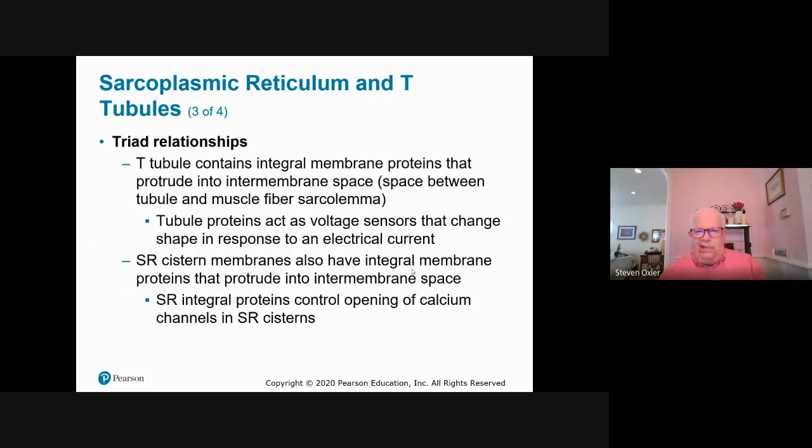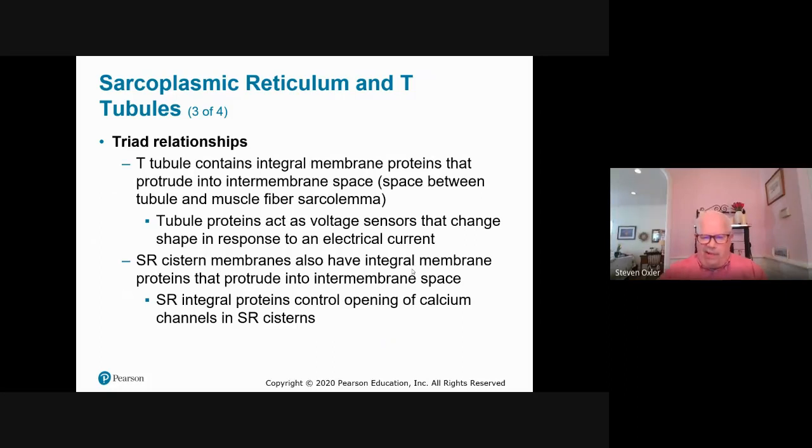The relationship is extremely important because it acts as a voltage sensor and can change the shape in response to an electrical current. The membranes of the sarcoplasmic reticulum have proteins in it that control the opening of calcium channels.